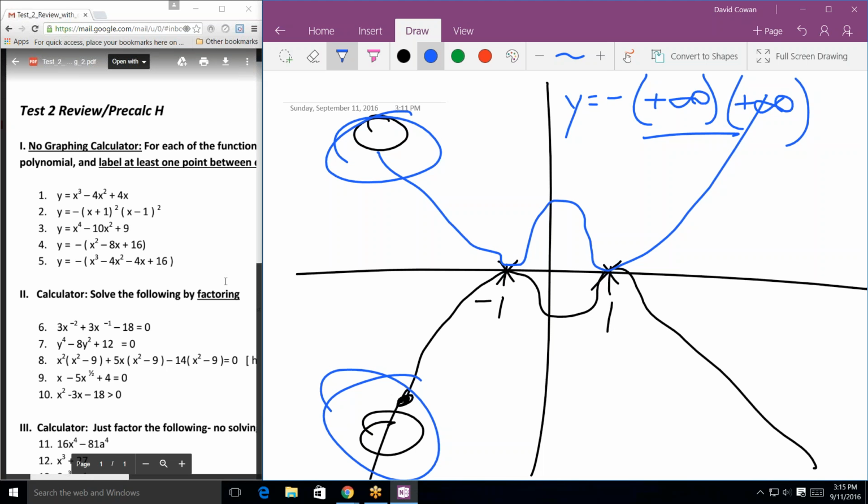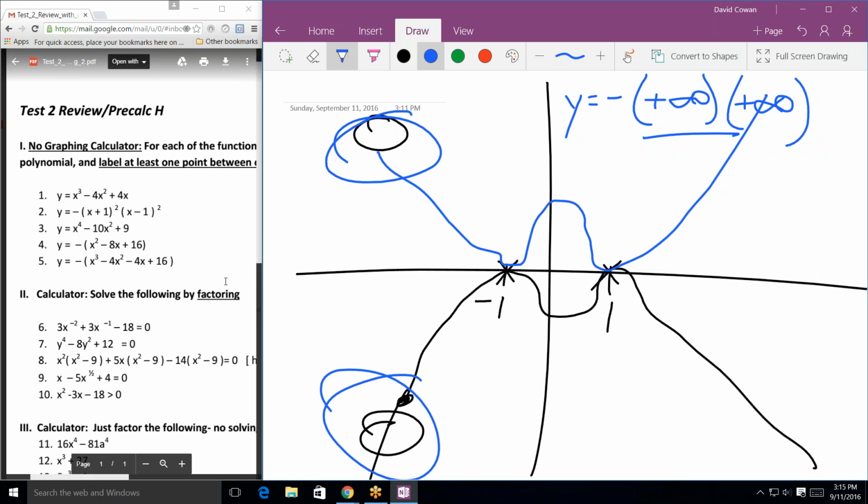In other words, it's very important to understand what end behavior is, because it makes the difference on whether I plot the black line or the blue line. And I made a mistake with the blue line. The end behavior is as x goes to negative infinity, y goes to negative infinity.